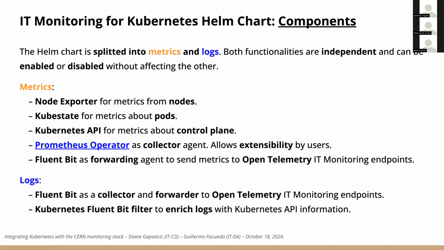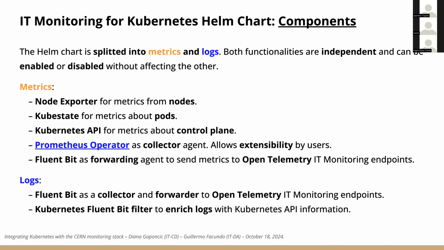In the case of logs, it's, let's say, much simpler, but not that much simpler compared to metrics, because there we only have one component, that is FluentBit. In this case, we are running it as a daemon set on every single node of your cluster, and it's getting the logs of every pod executing, the logs that are produced on standard error and standard output.